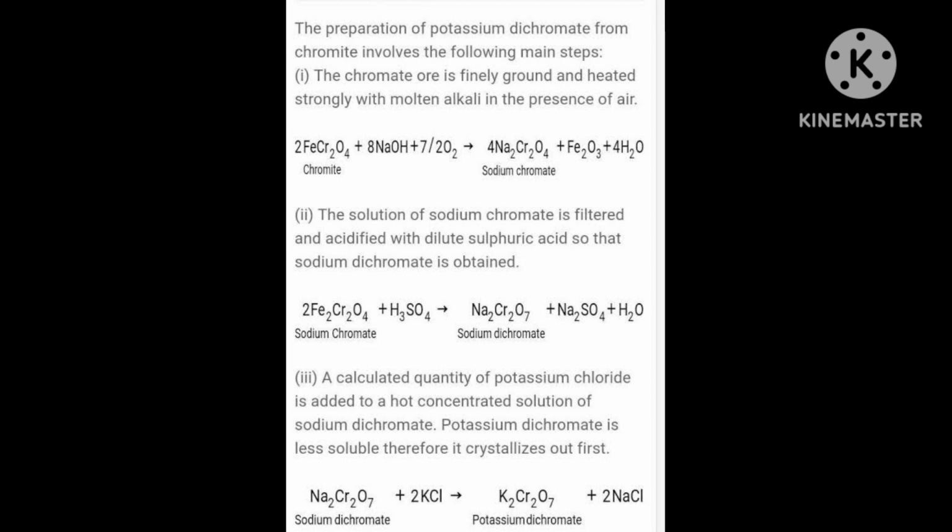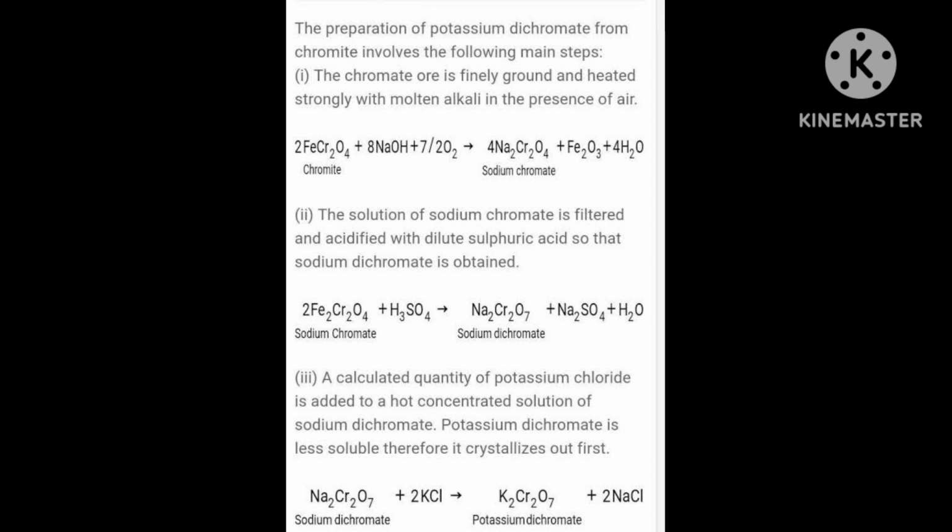K2MnO4 disproportionates in a neutral or acidic solution. When you want disproportionation, the medium should be neutral or acidic. Then it will give the permanganate ion.